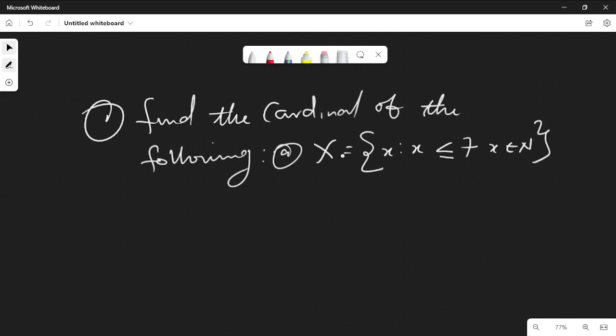I'm reading it for you: A is a set of X such that X is less than or equal to 7, and X is a natural number.